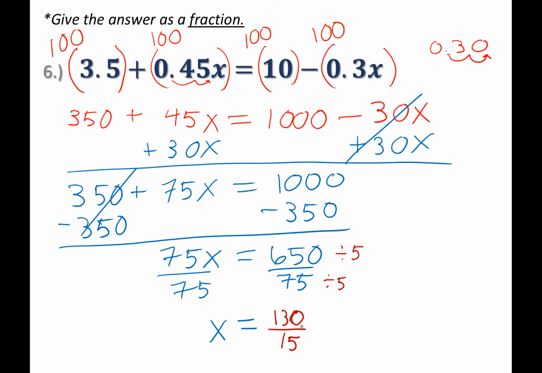That's still not reduced all the way. So divide by 5 again. 130 divided by 5 is 26. 15 divided by 5 is 3. So we end up getting 26 over 3. That can be our answer as a fraction. So kind of a strange problem where we started off using decimals, but we end up with a fraction answer.